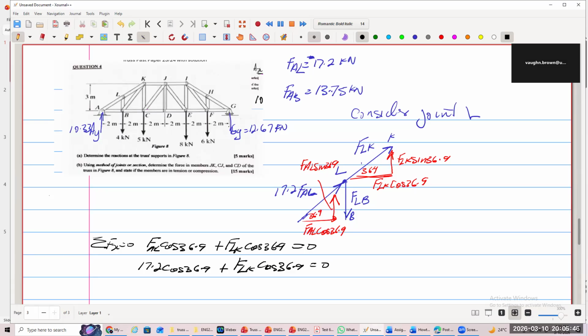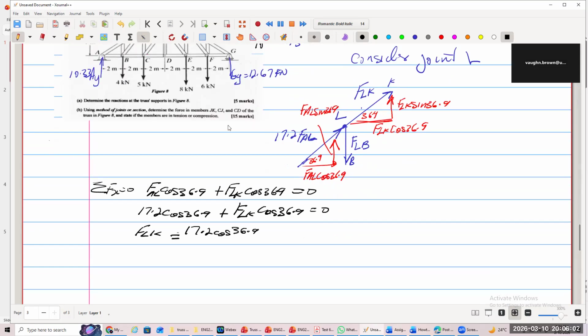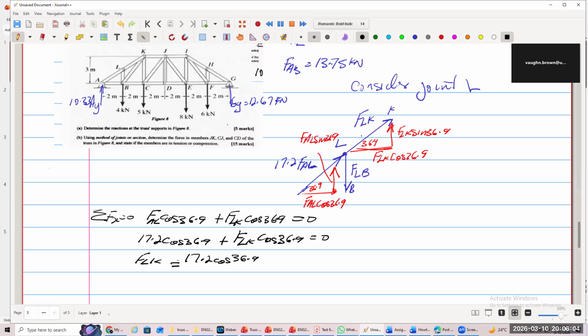Transpose for that. What am I getting here now? So I need to find FLK, which is going to be equal to 17.2 cos 36.9 divided by cos 36.9.